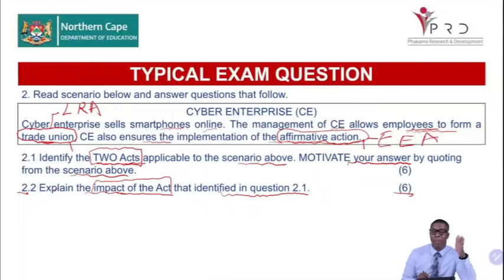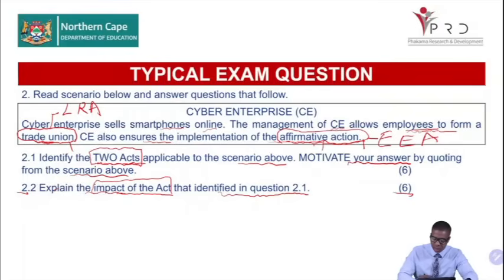Hence we say previously disadvantaged, because these are individuals that in the past didn't have equal opportunities in the workplace or equal opportunities of being hired in a business. So that is the policy under the Employment Equity Act, which is called affirmative action.